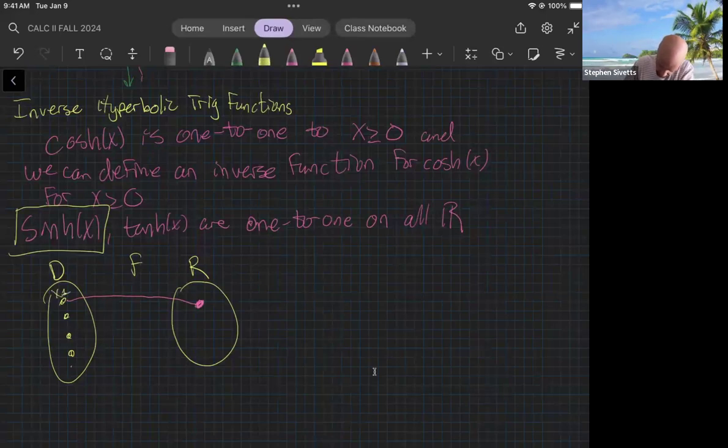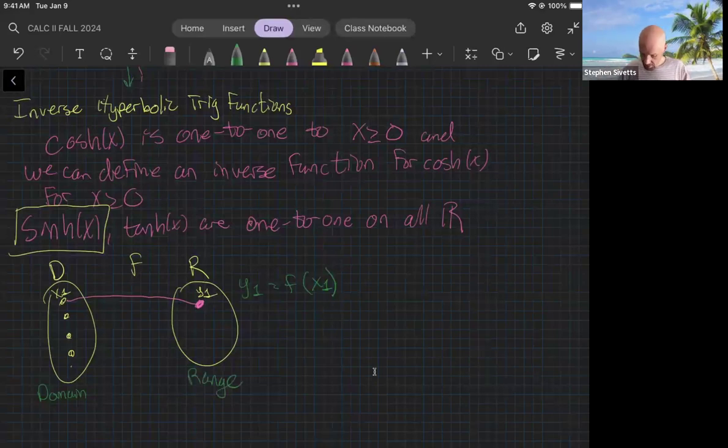So I call this one x1 and this one is y1, right? What this means is that y1 is equal to the function at x1, right? So a function is a mapping from one point or an element in your input set, which we'll call the domain, and it maps to exactly one point in the output set, which is the range, right? Y1 equals f of x1, and this mapping is associated by this notation, right?